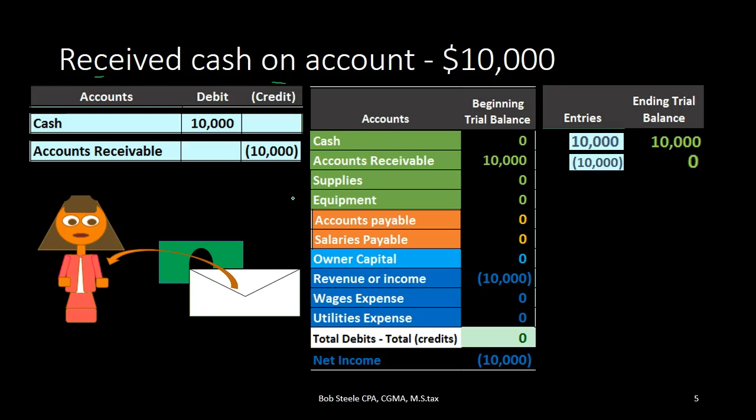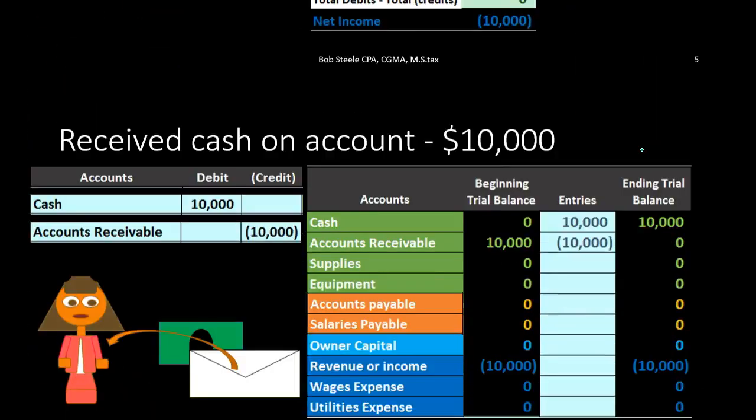The effect on the accounting equation: assets going up, however, assets also going down. One asset increasing, one asset decreasing. In essence, we're getting a better asset and losing the worse asset. We're losing the fact that people owe us money and getting the fact that we now have the money. There's no effect on the liabilities and no effect on equity.